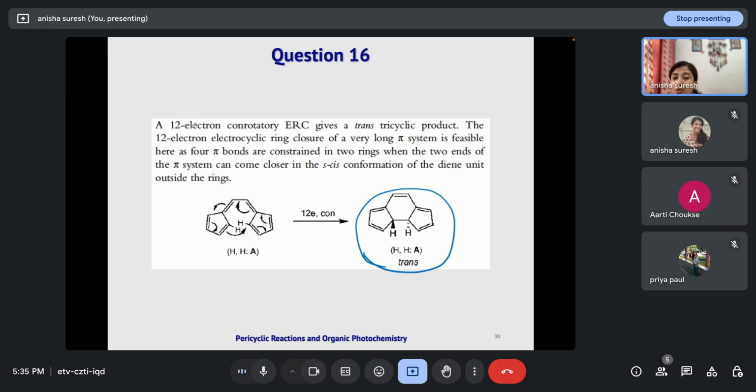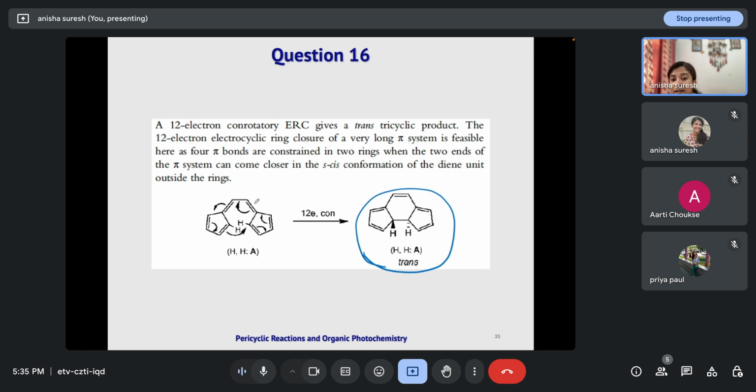So a 12 electron conrotatory electrocyclic ring closure gives a trans tricyclic product. The 12 electron electrocyclic ring closure of a very long pi system is feasible here as 4 pi bonds are constrained in two rings, when the two ends of the pi system can come closer in the s-cis conformation of the diene units outside the rings.